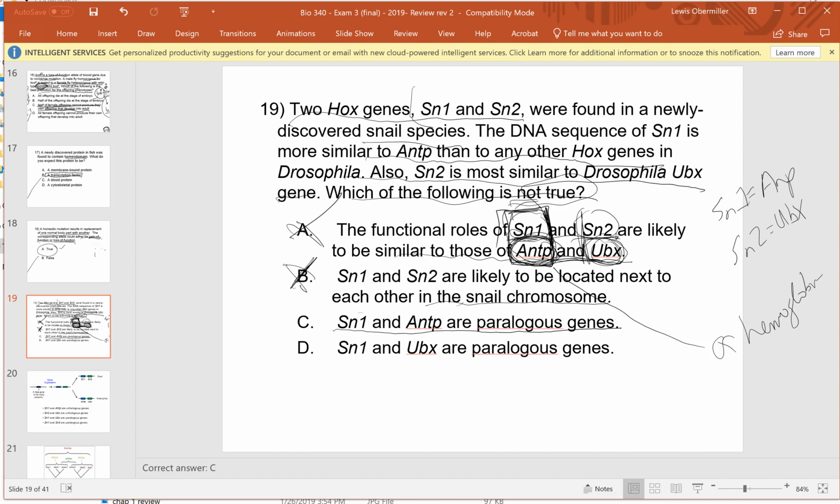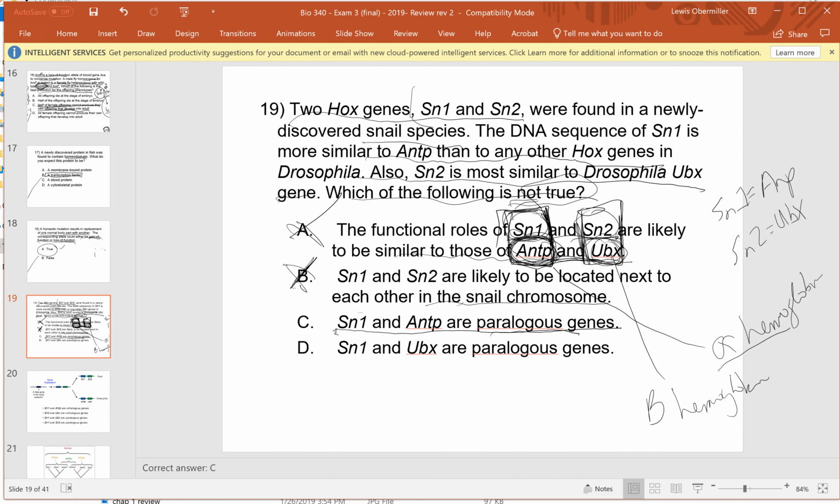And then we could make these similar to beta hemoglobin. So if we're talking about SN1 and Antennapedia, then those are paralogs, and the answer is no.